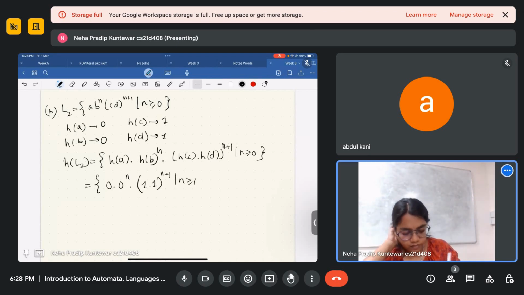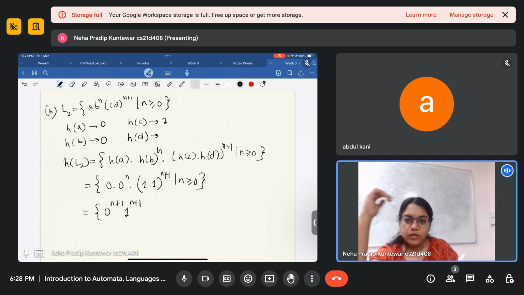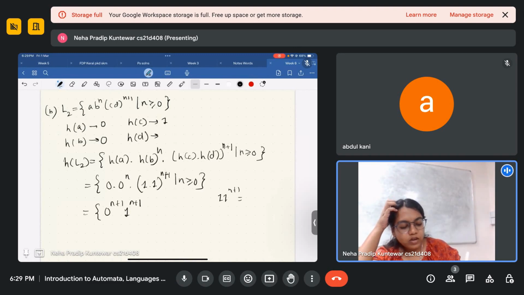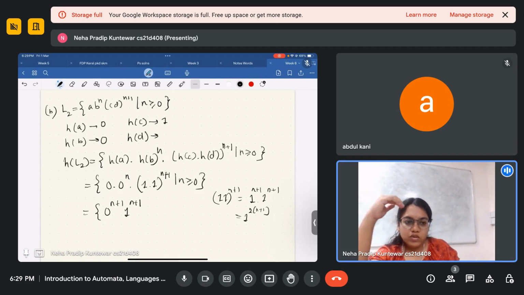So this is nothing but 0 to the n plus 1, 1 to the n plus 1. Sorry, I need to slightly modify this, because if I just replace h of d with 1, then I get 1 to the n plus 1 concatenated with 1 to the n plus 1, which is nothing but 1 to the 2 times n plus 1. And this is not what I want for the moment, because the language that I am referring to is n ones followed by n zeros or something.